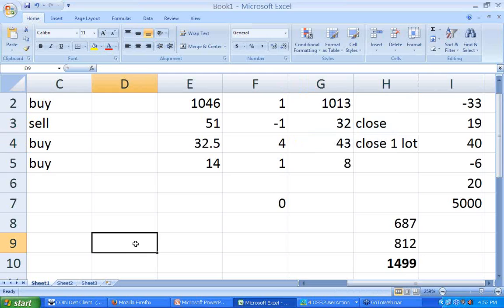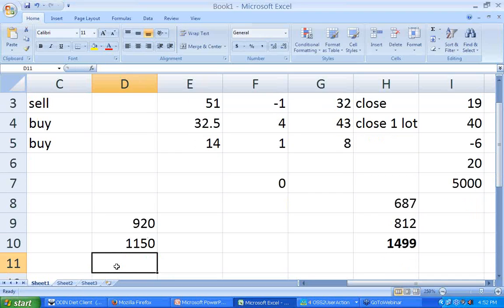Say I am expecting around 920 level here, and if on the upper side it gives, then it will be 1150 here. So let me wait for this level. Once it comes, I'll get some good money.